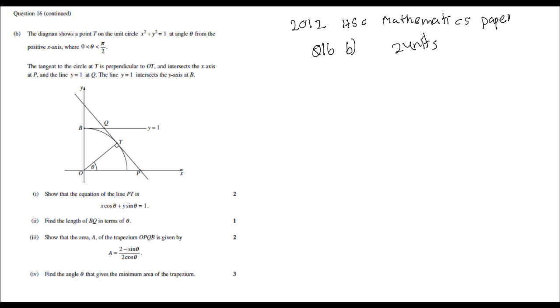This is a combination. Part B has 4 sub questions. It's a combination of trigonometry, straight line, and also maximum minimum. Normally question 16 and most of the section 2 questions combine topics.